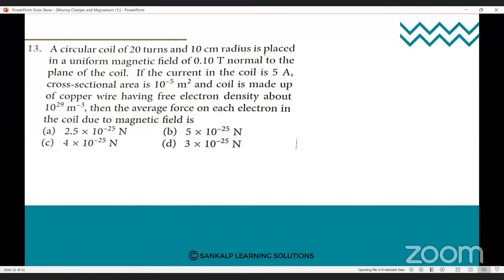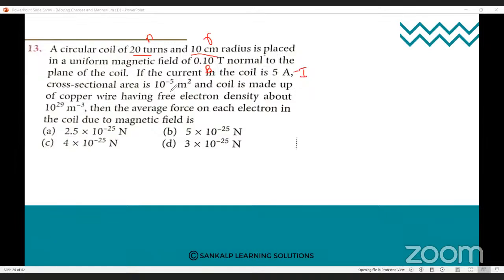So see what they have given in the question. See, a circular coil, 20 turns. Number of turns is given. 10 centimeter radius is there. So radius is there. Number of turns is there. Is placed in a uniform magnetic field. So the magnetic field is there, normal to the plane of the coil. If the current in the coil, so this is the current in the coil.